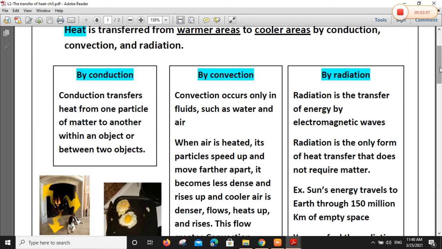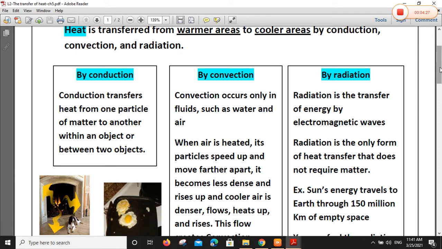So this way needs electromagnetic waves to transfer the heat. By electromagnetic waves, I mean sunlight, the light in general, fire. These are electromagnetic waves.